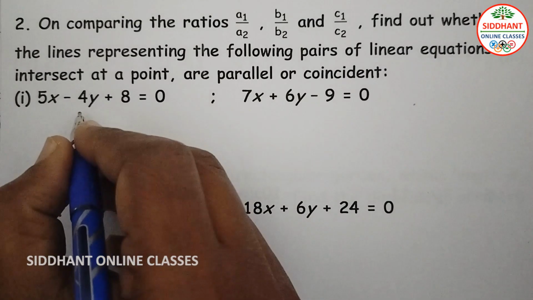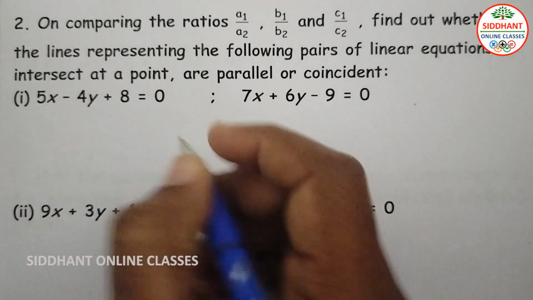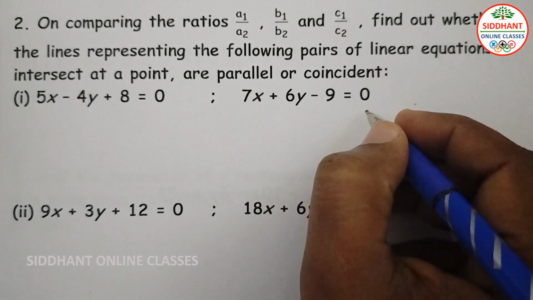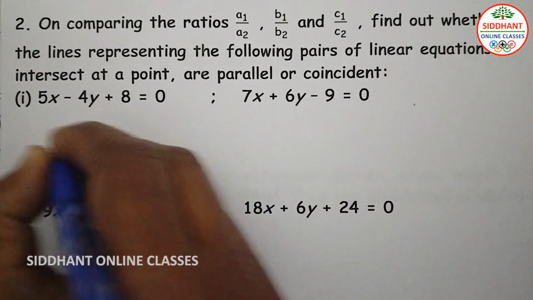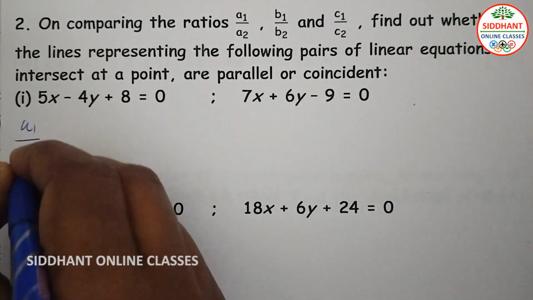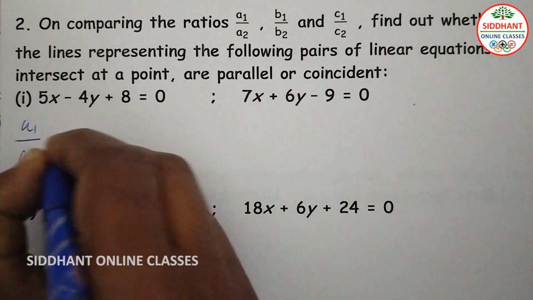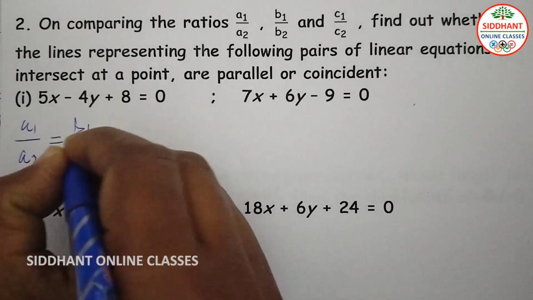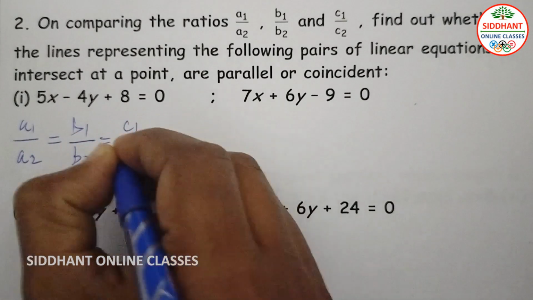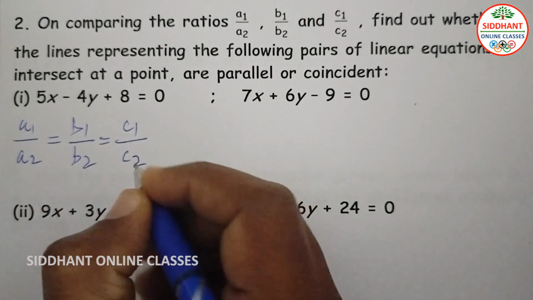First one: 5x minus 4y plus 8 equal to 0 and 7x plus 6y minus 9 equal to 0. Here we are going to compare a1 by a2, b1 by b2 and c1 by c2.